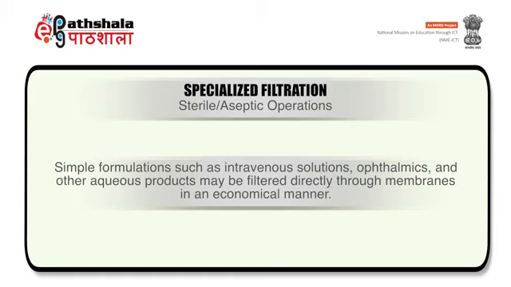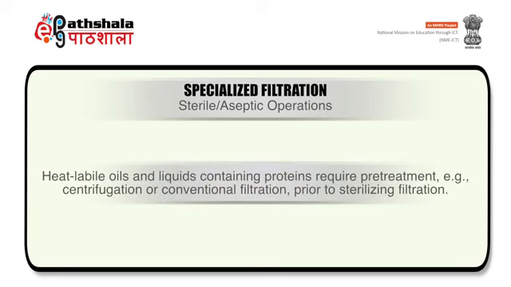For example, simple formulations such as intravenous solution, ophthalmics and other aqueous products may be filtered directly through these membrane filters. However, heat labile oils and liquids containing proteins require pre-treatment, for example centrifugation or conventional filtration, prior to sterilizing filtration.